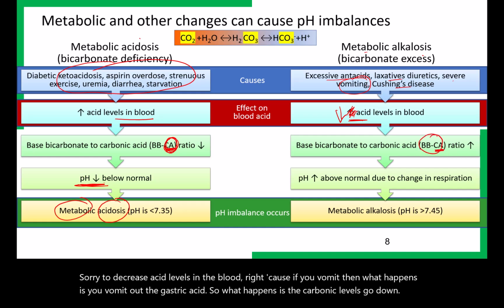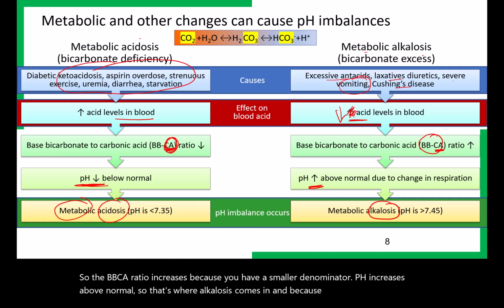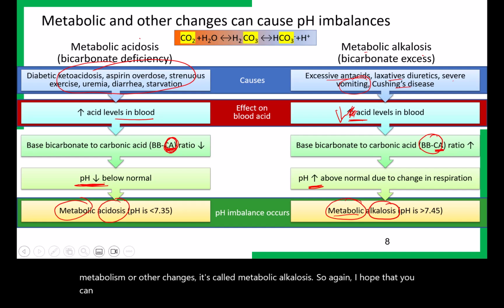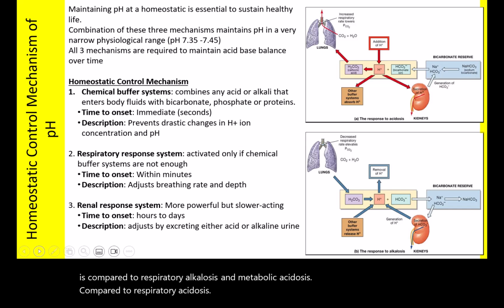So the BB to CA ratio increases because you have a smaller denominator. pH increases above normal. So that's where alkalosis comes in. And because it's due to changes in metabolism or other changes, it's called metabolic alkalosis. So again, I hope that you can review this slide and the previous slide just to understand what metabolic alkalosis is compared to respiratory alkalosis and metabolic acidosis compared to respiratory acidosis.